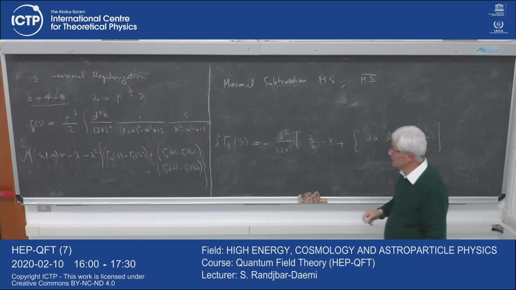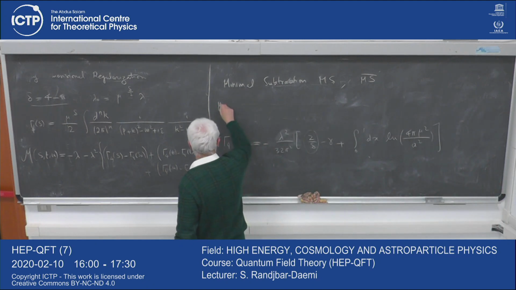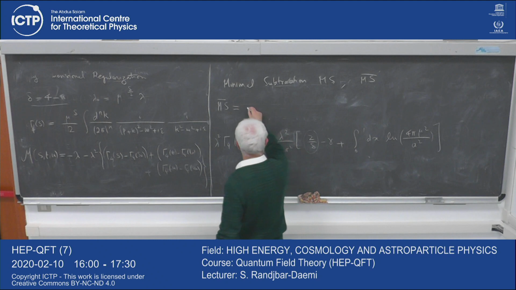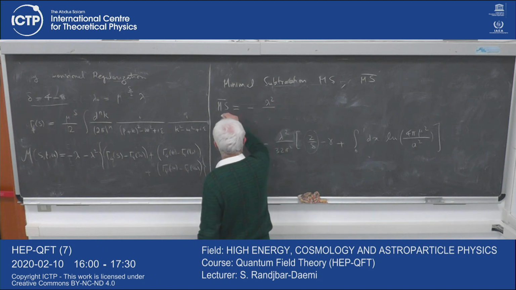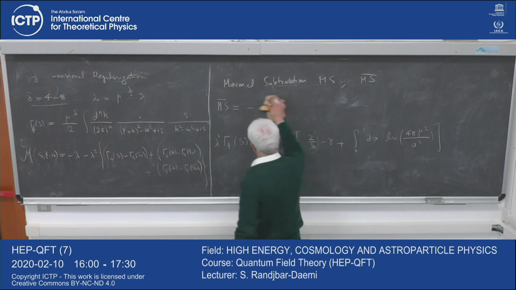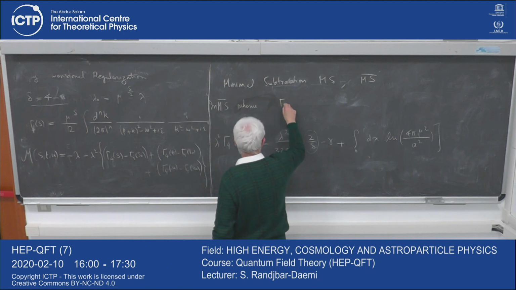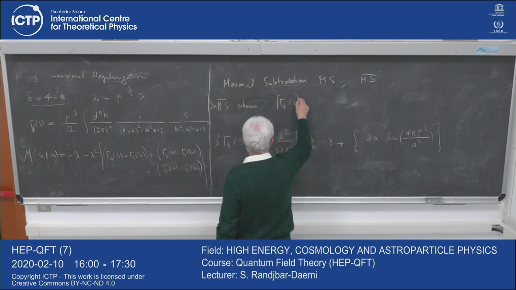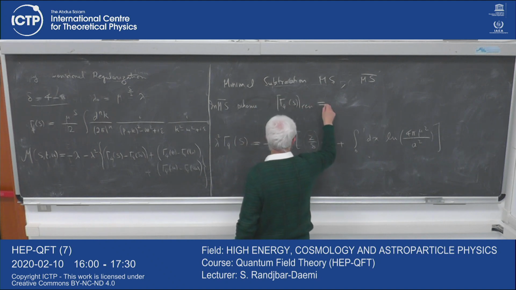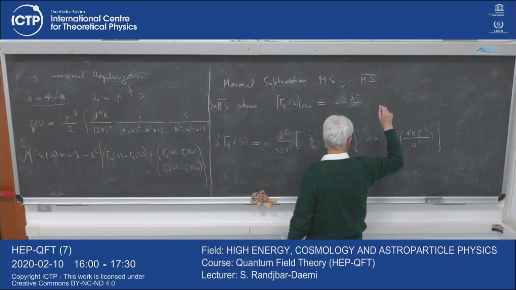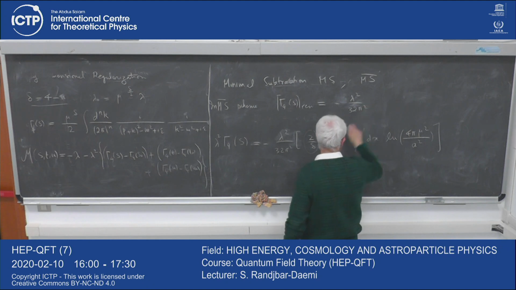Okay? So the MS bar scheme, for this discussion, is better because it simplifies the expression. In the MS bar scheme, gamma 4 renormalized will be simply minus lambda squared divided by 32 pi squared.